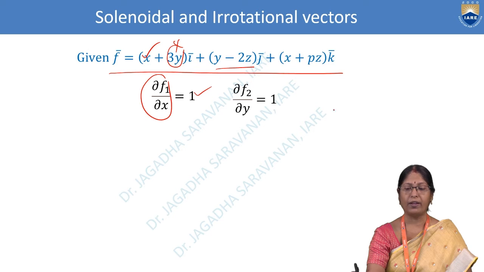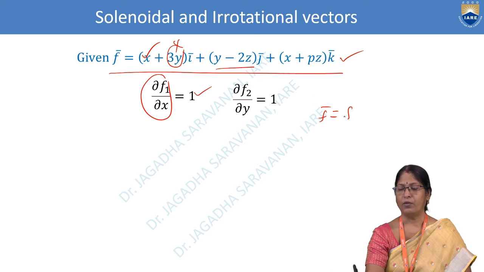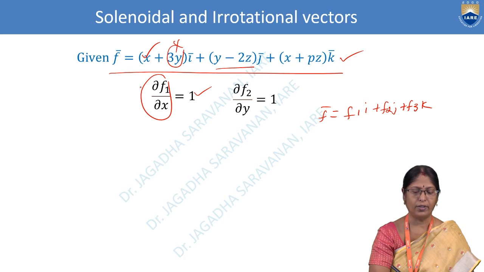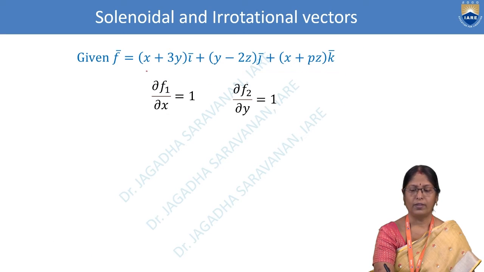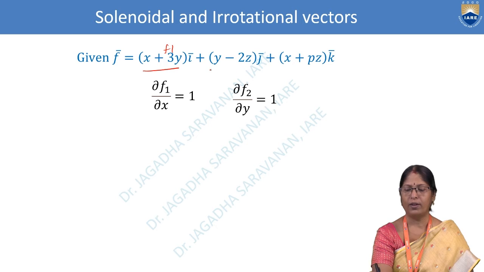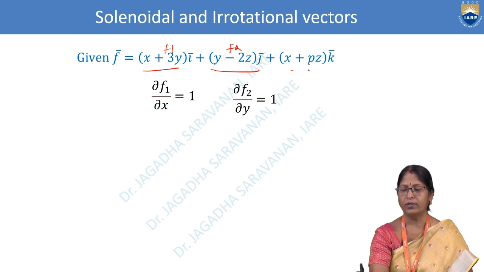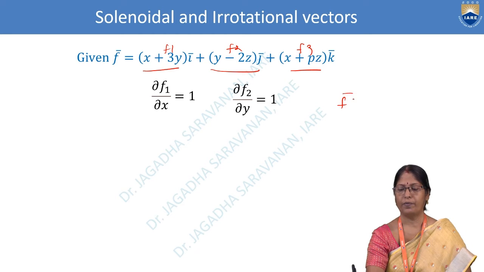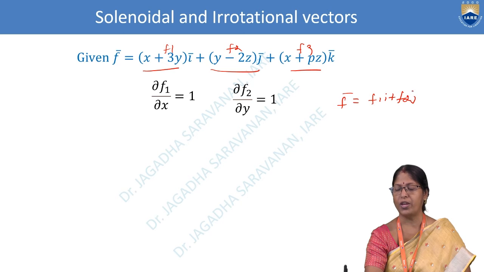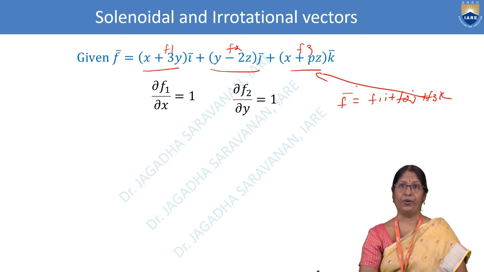We are comparing our given vector f with the formula f1 i plus f2 j plus f3 k, so this is playing the role of f1, this is f2, this is f3.